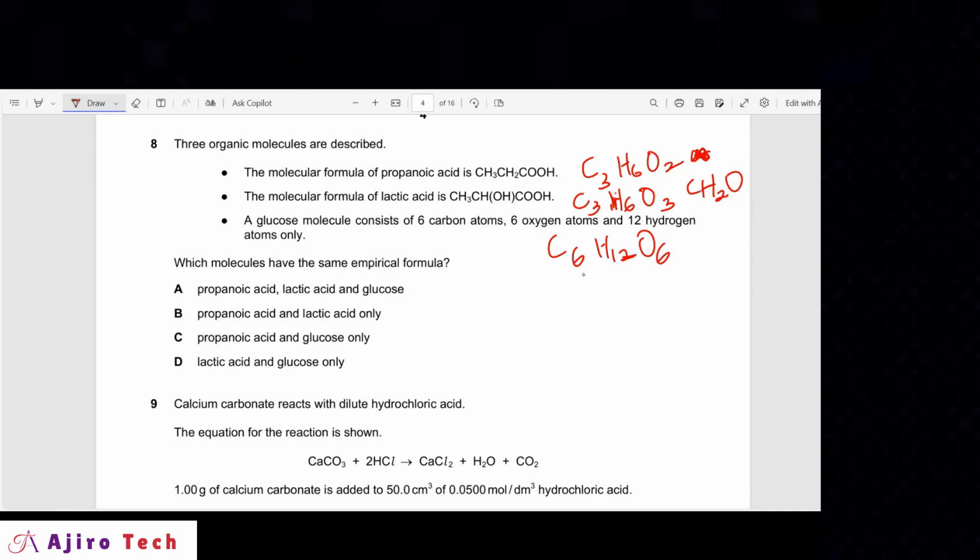So CH2O. But this as well, we have 6 dividing all through, so CH2O. So of course, lactic acid and glucose have the same empirical formula. So that would be D, the answer.